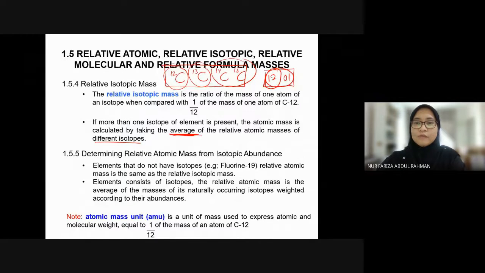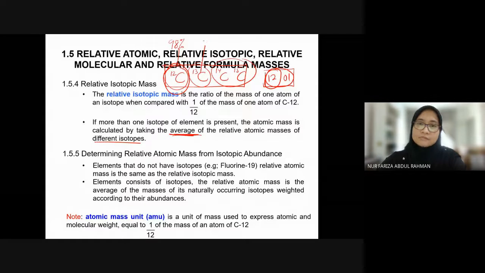We know from the value that the most abundant isotope is carbon 12. This may exist in the world with an abundance, how much of it is present, maybe 98%.